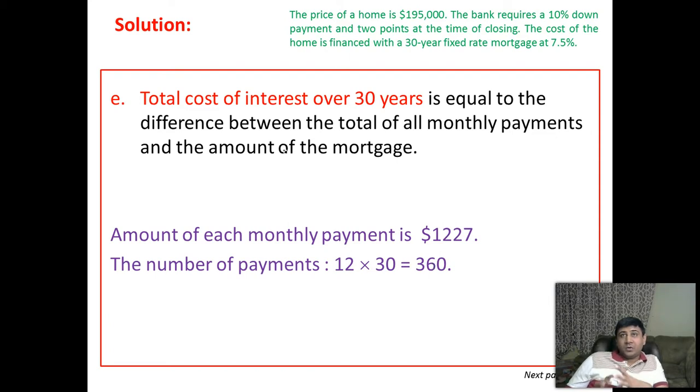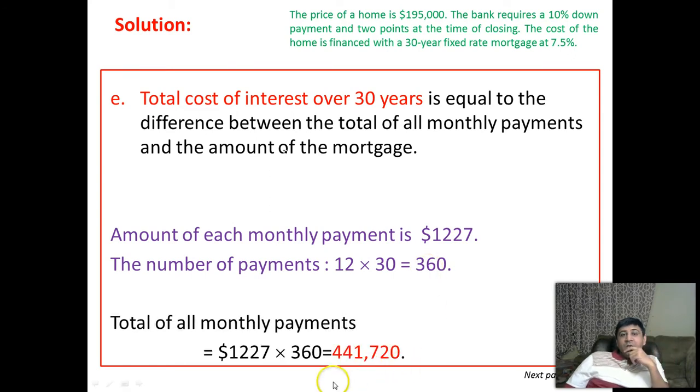Now, how much will we actually pay? That will be the multiplication of 1227, the amount of every payment, and the number of payments, which is 360. It comes out to be a little bit over $441,000. Our house costs $195,000, and we'll pay $441,000.